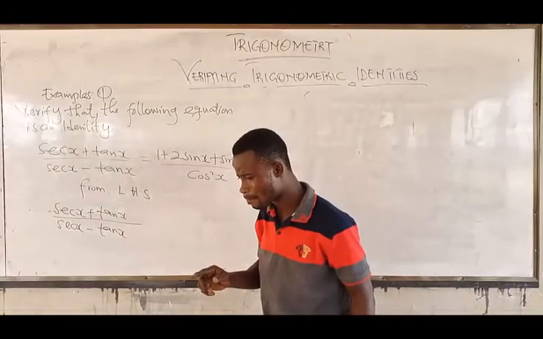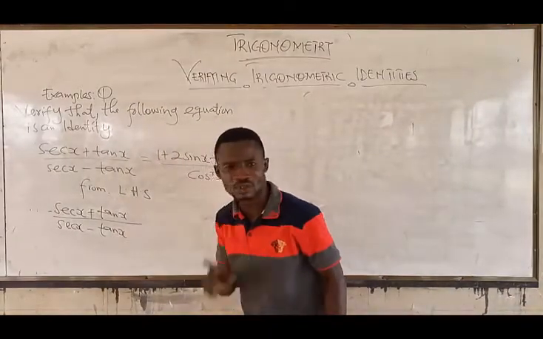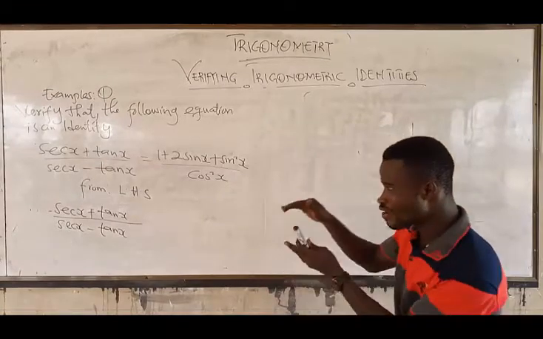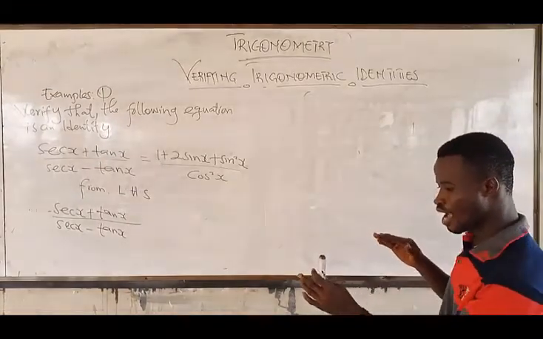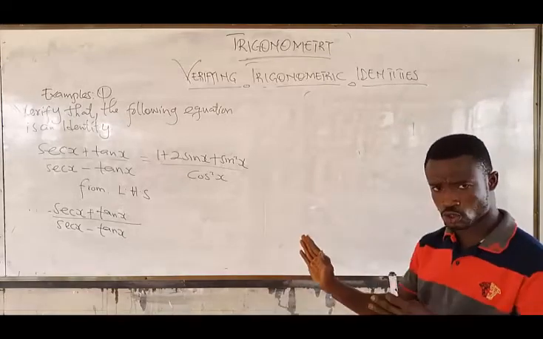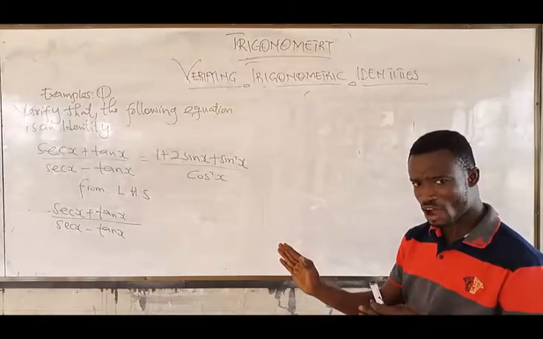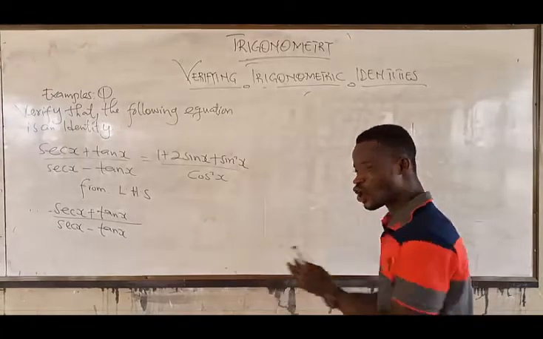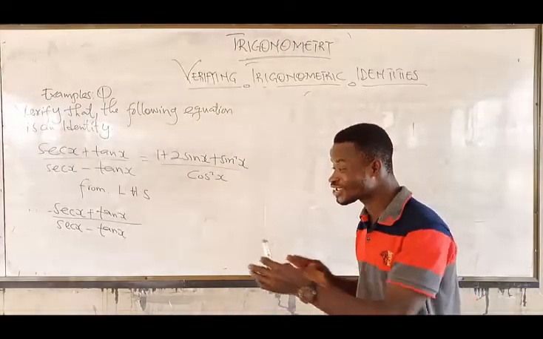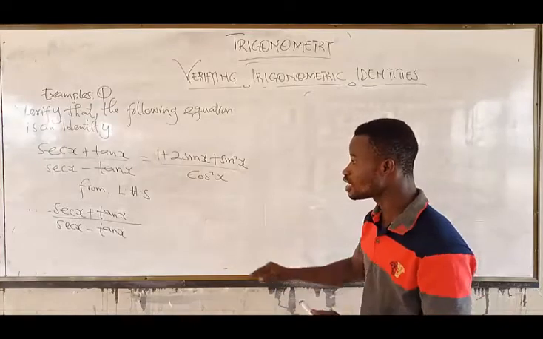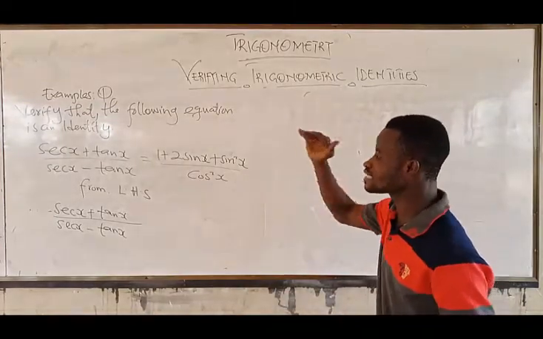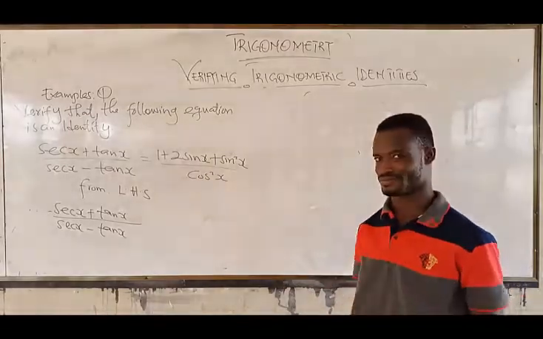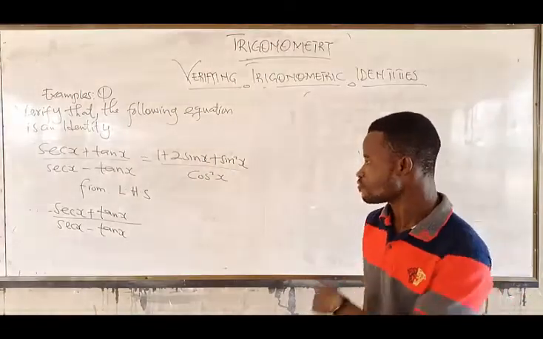So for the numerator, when we multiply by cos, it's going to clear off something, and for the denominator too, because the denominator for both sec and tan is cos.